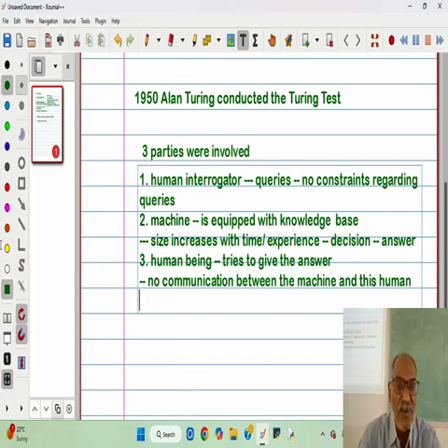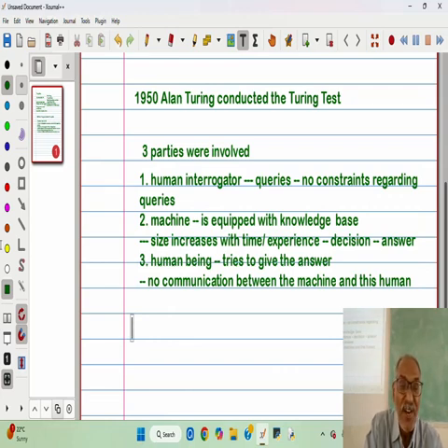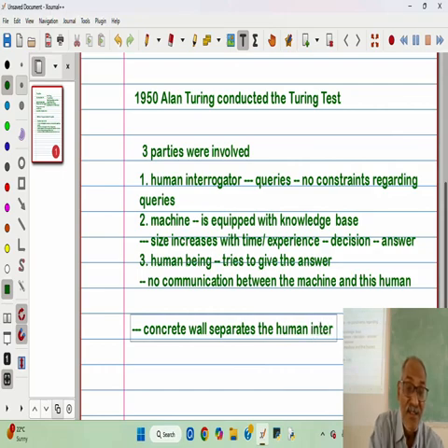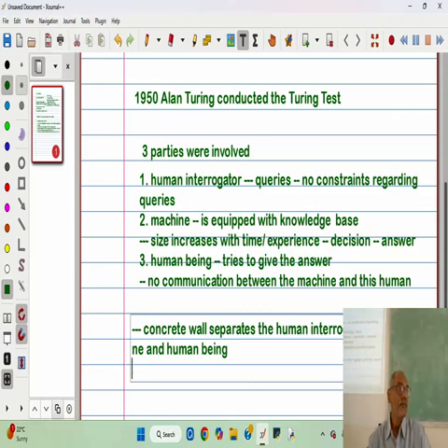Now, let me put the important point here. What is that? A wall will be there, a concrete wall, and it separates the human interrogator and the machine and human, all the three parties.